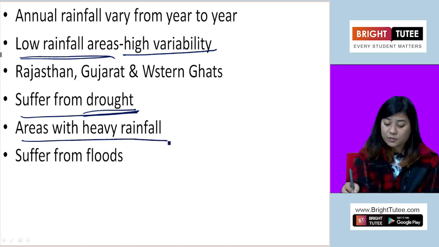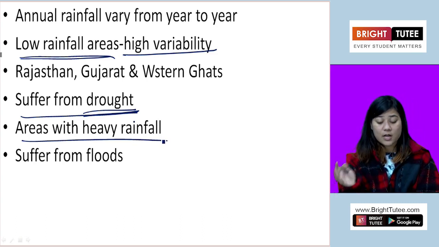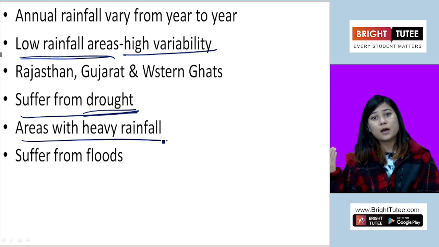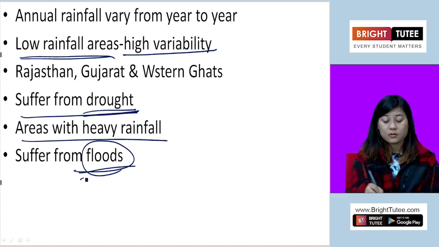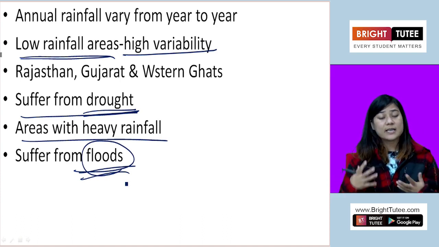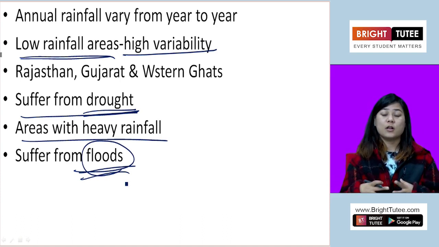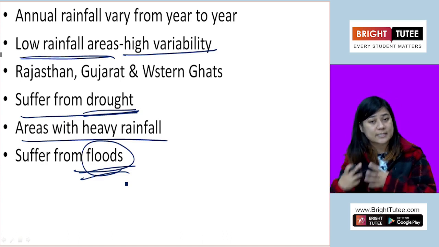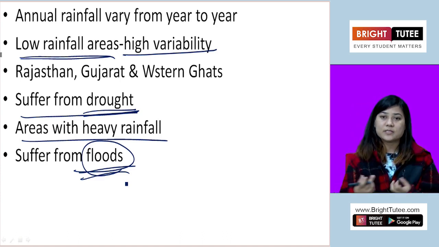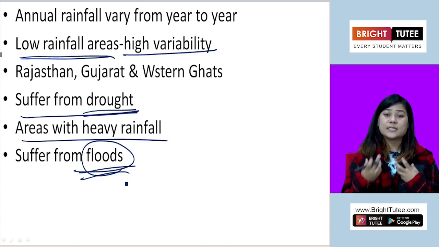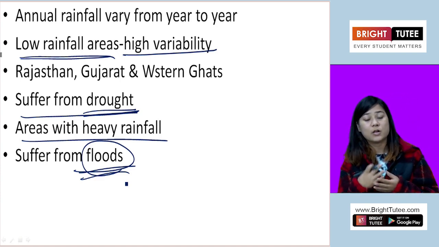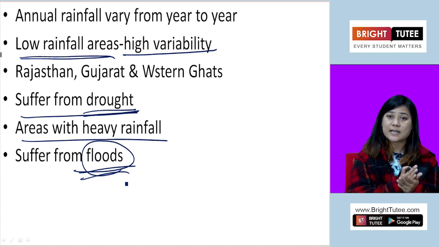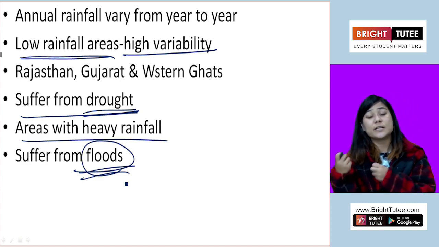Now, the areas which receive heavy rainfall also suffer from another natural calamity, which is floods. So you see, it doesn't matter whether a region has scanty rainfall or heavy rainfall. It doesn't mean that scanty rainfall is bad and heavy rainfall is good.